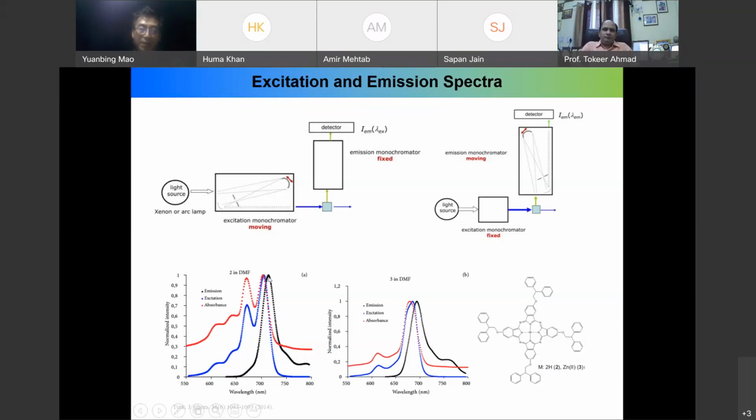But if there is an excitation peak, then we could expect there is an emission peak. That gives us a little bit of an idea about this.